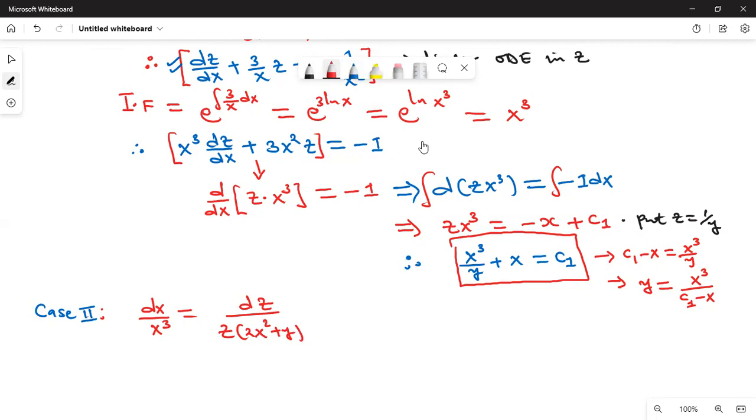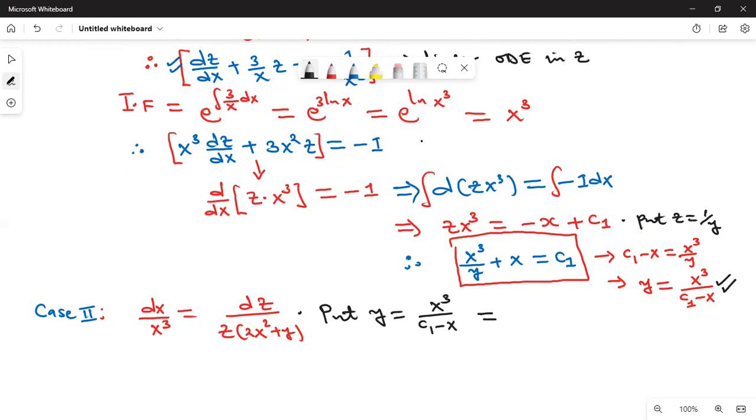So look at our solution that we got from the first case. We said where there is y, we can put x cubed over c1 minus x. So we just write, put y is equal to x cubed over c1 minus x.